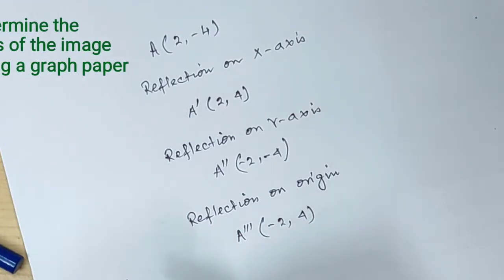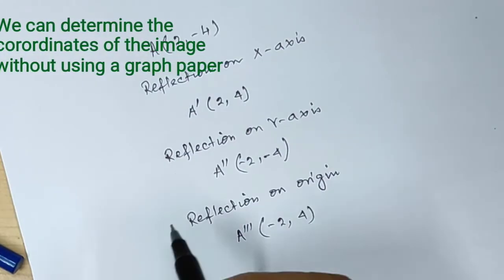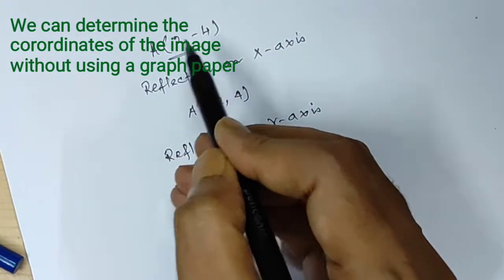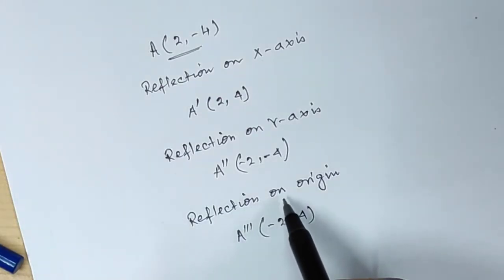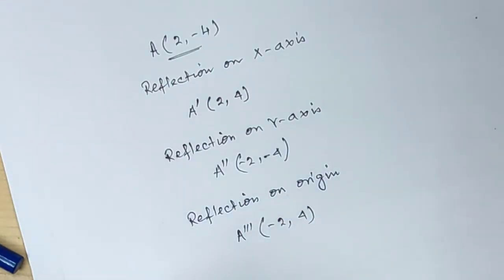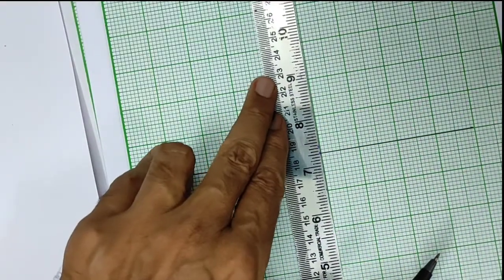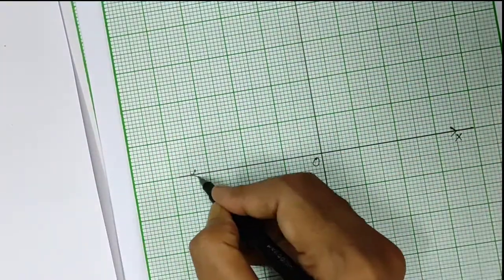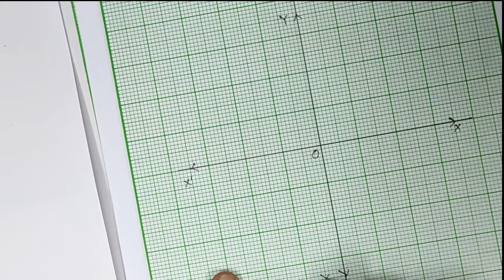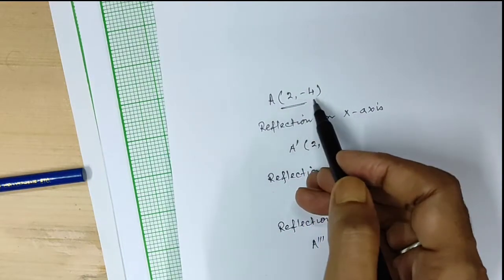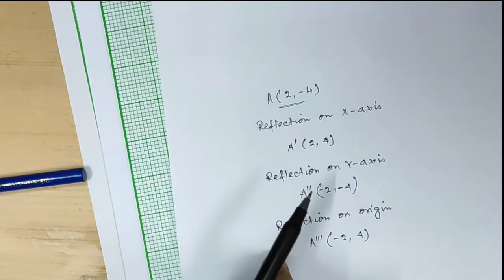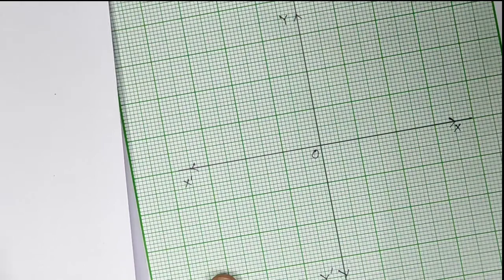Now, if we are given this point and to show the reflection on origin on the graph paper, what to do? First, we will plot this point on the graph paper. Let me take a graph paper first. Since the point was given as (2, minus 4), let us plot the point on the graph paper.